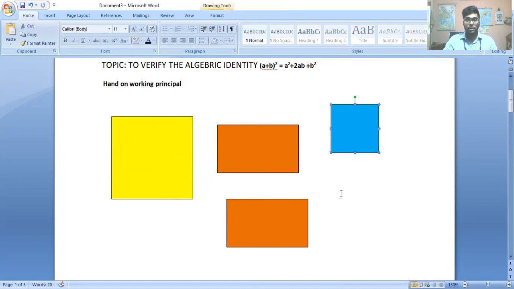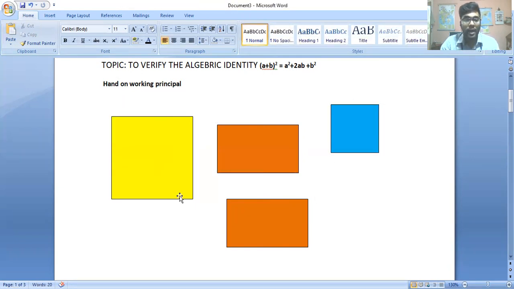This is what you need: one square of 6 centimeter, one square of 4 centimeter, and two rectangles of length 6 centimeter and breadth 4 centimeter.